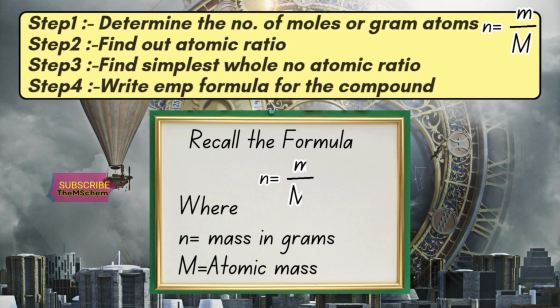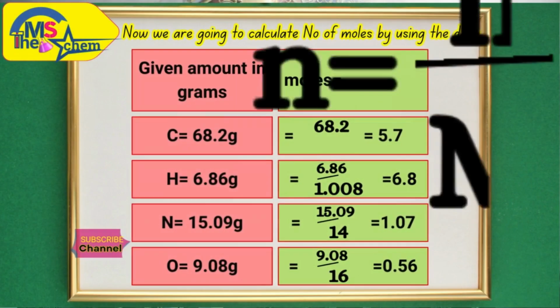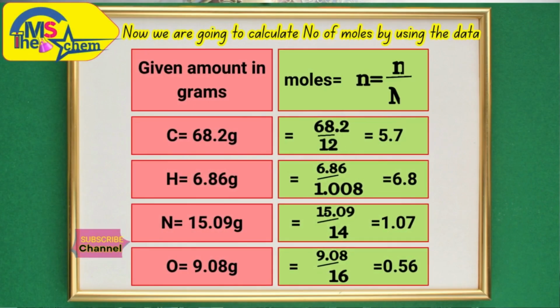Here you can see in this table the given amounts in grams of carbon, hydrogen, nitrogen and oxygen on the left-hand side, and the number of moles calculated by using the formula n is equal to small m over capital M on the right-hand side. For carbon, mass 68.2 grams, we get the number of moles by dividing this amount by 12, the molar mass of carbon.